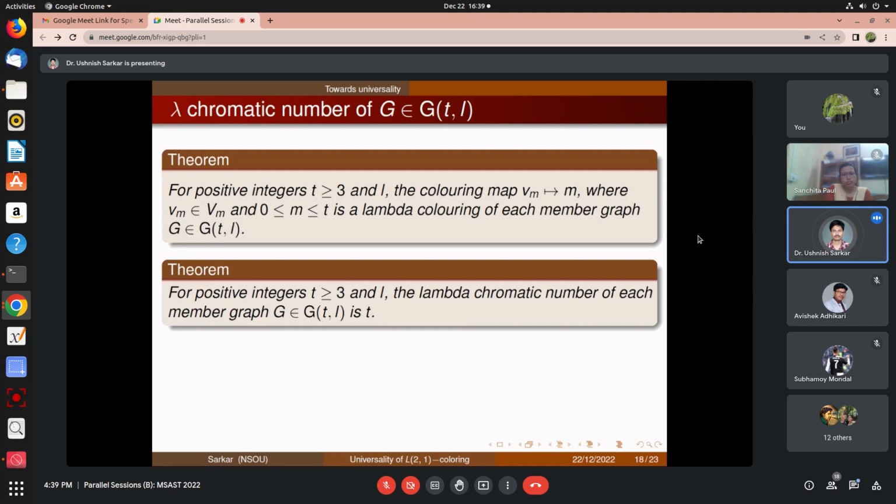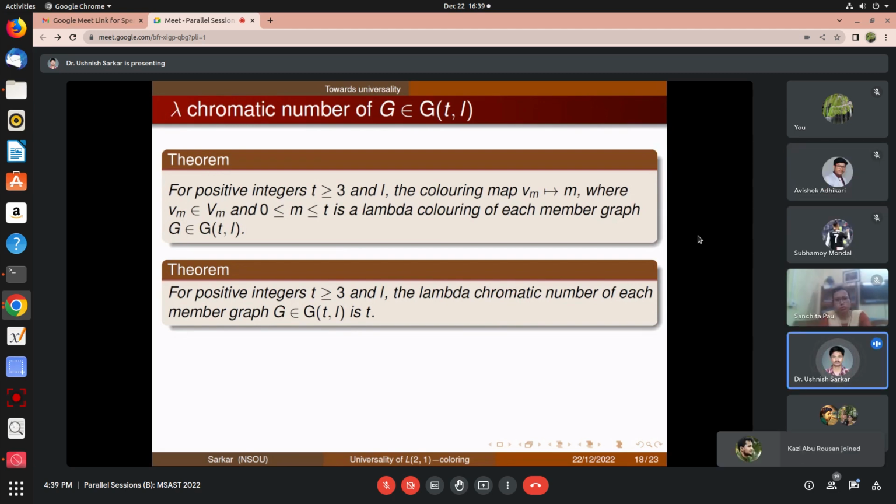This is a lambda coloring of each member of the family. Interestingly, it can again be shown that it is an optimal coloring, and so the lambda chromatic number of each member of the family is T. So a point to be noted is that each member of G(T,L) has lambda chromatic number T.